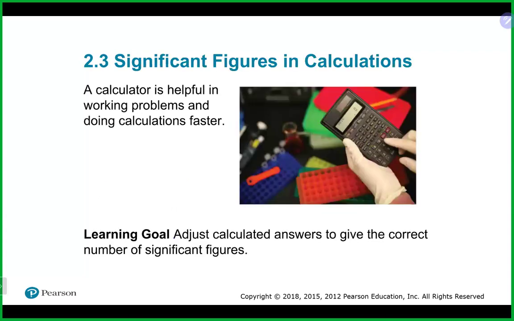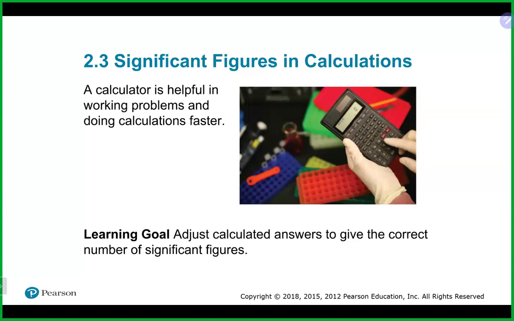All right. Now that we understand what significant figures are, let's talk about what we do with them when we do calculations. When we do calculations, we always want to give our answers to the proper number of significant figures. When you do a calculation, you always want to look at anything that is a measured number and not an exact number.